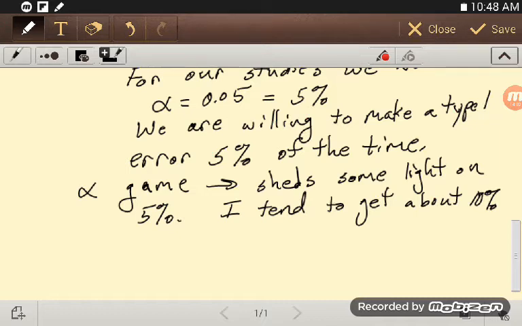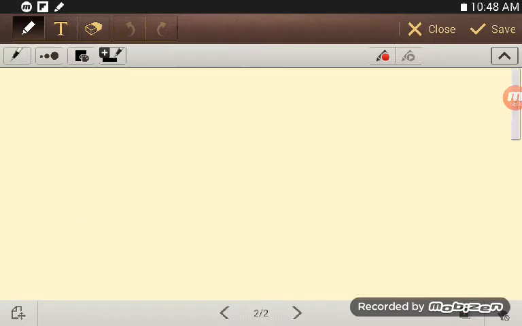Okay, but nonetheless, that's what we have. We're willing to make that error 5% of the time, and that is this thing alpha, and it's what we compare our p-value to. So I'm going to make another page here and look at this p-value and alpha.